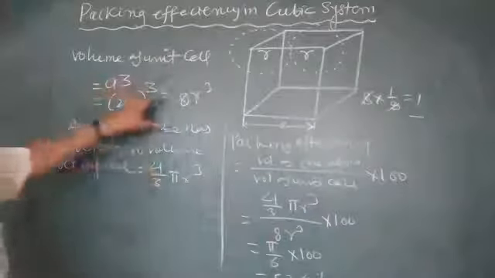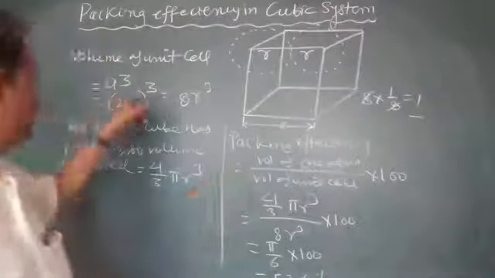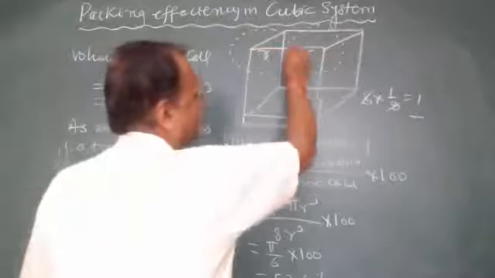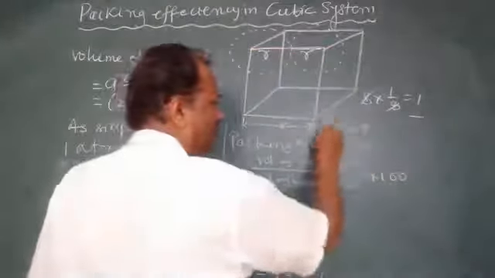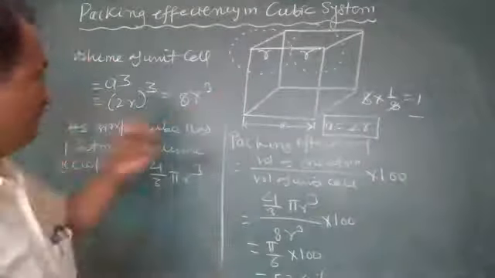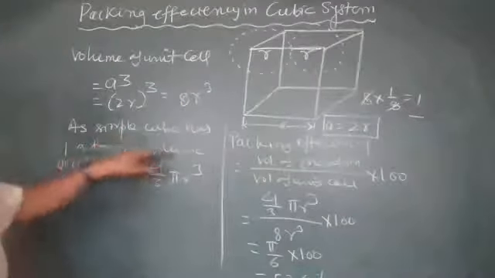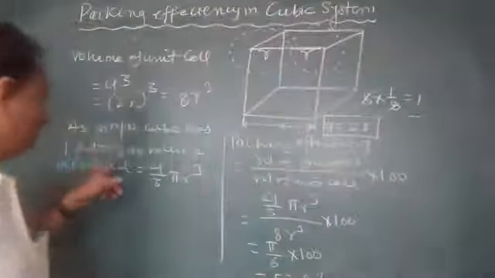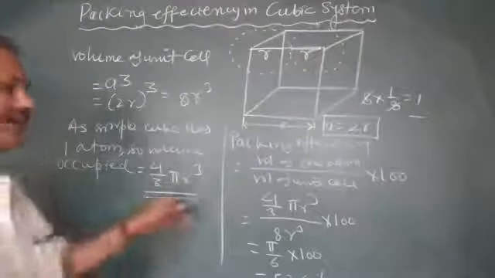Now see the volume. First we see the volume of the unit cell, you know, a cube, and it is 2r. This is 1r, this is the other one. So what we can say, children, here a is equal to 2r. Edge length is equal to twice the radius of the particle. So it is (2r) cube, which is equal to 8r cube. As a simple cube has one atom, just here I have verified. So one atom, so the volume occupied is equal to 4 by 3 pi r cube.